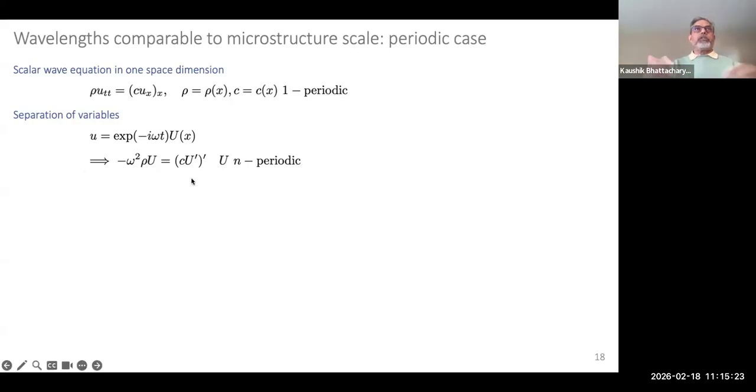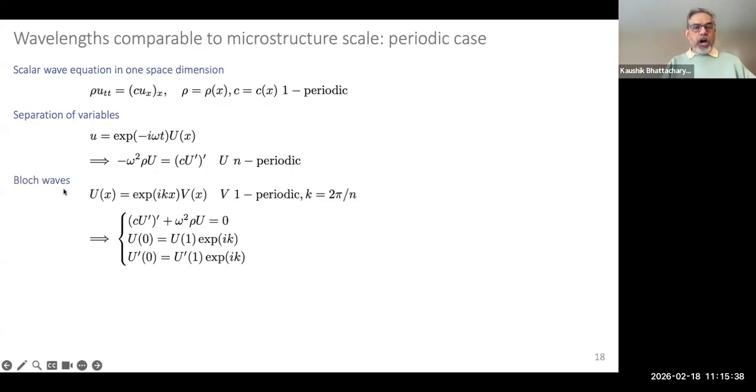So to get a complete solution, you have to use U as a function of x, which is periodic with period 1, period 2, period 3, period n. So there's a very nice representation theorem. It's called Bloch waves, which says the following. If I have an n-periodic medium, I can represent it in this way.